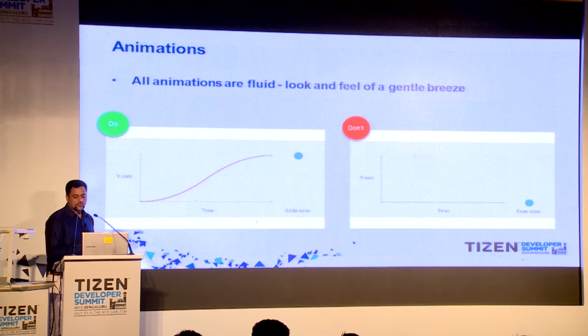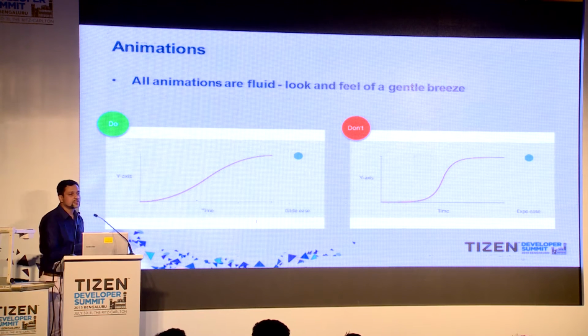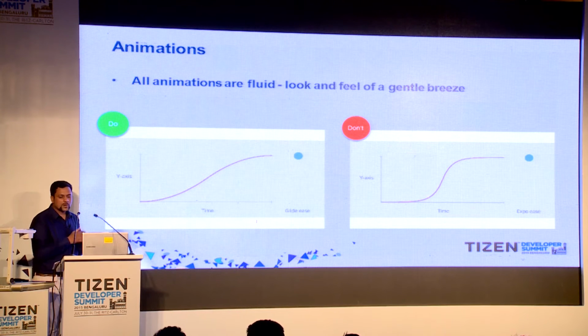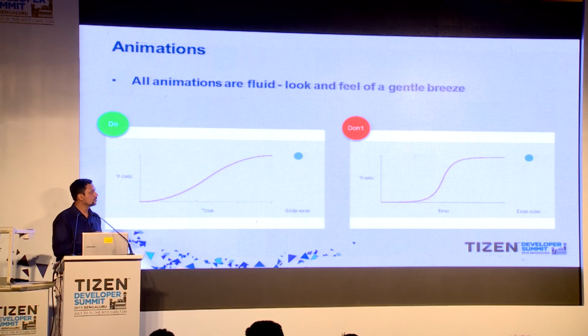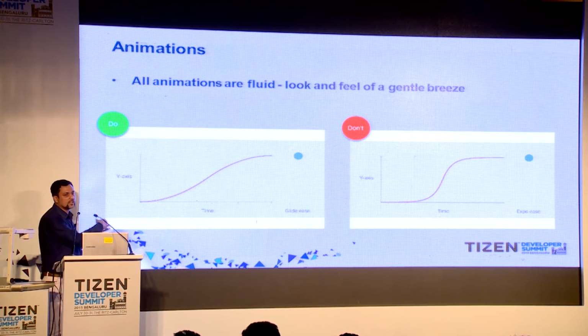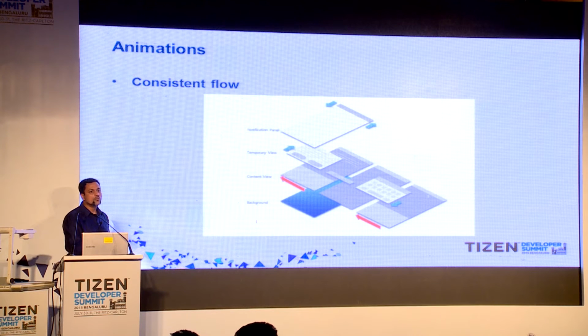Here's a great example of the metaphor of air working on a platform. Our animations follow a non-abrupt style. They are fluid, they are breeze-like. The look and feel is almost like that of air. There is a consistent way in which screen elements move in and out on Tizen apps.